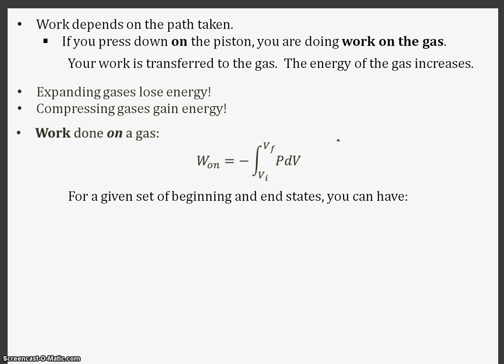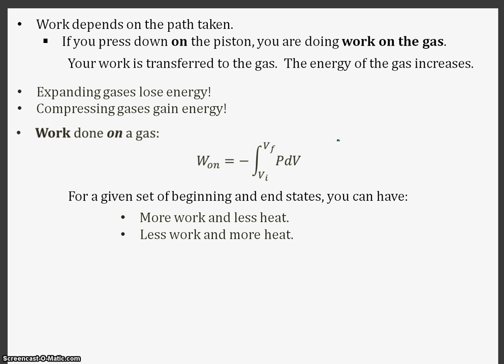Okay, so for a given state of beginning and end states, which are unique values of internal energy, you have either more work and less heat, or less work and more heat. As we went from that initial state to the final state, there was an infinite number of ways you could get from the initial state to the final state.